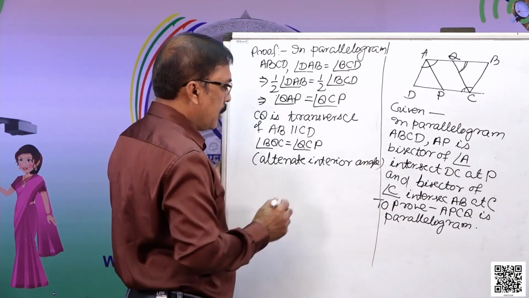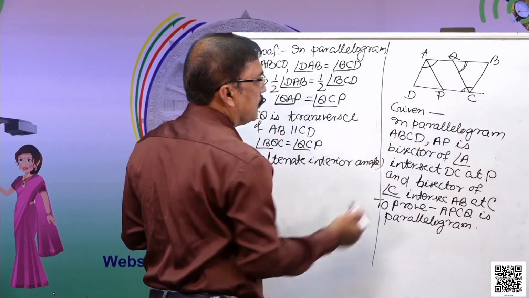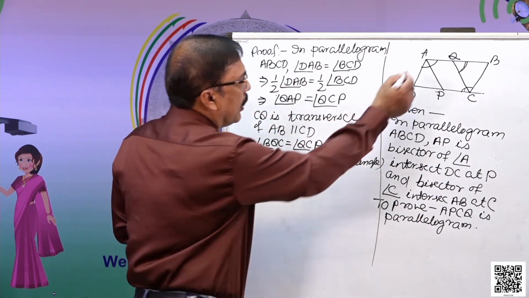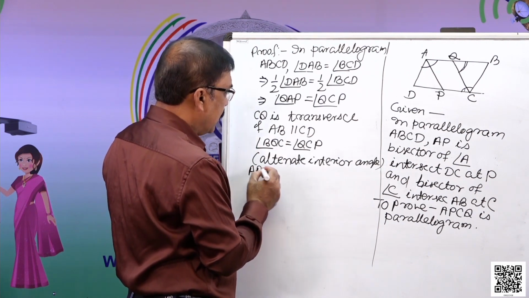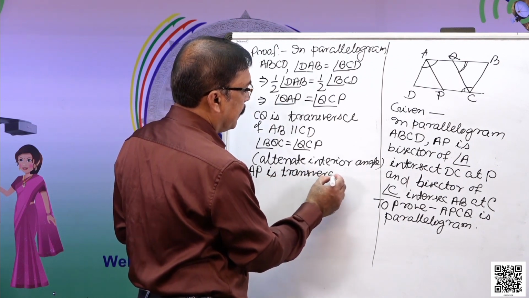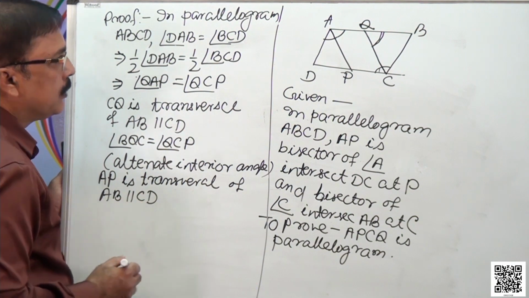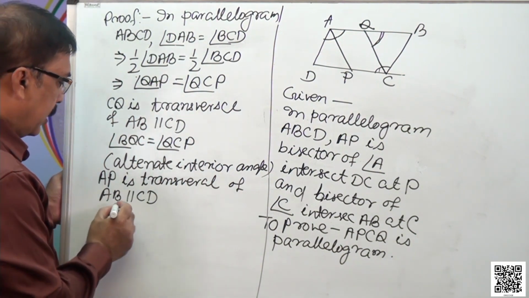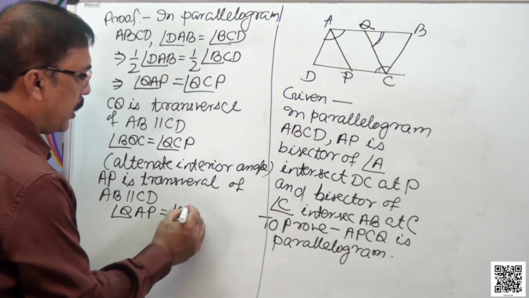Now you see, QBC is equal to QCP. And again, if we consider AP as the transversal of AB parallel to CD, then angle QAP is equal to angle APD.